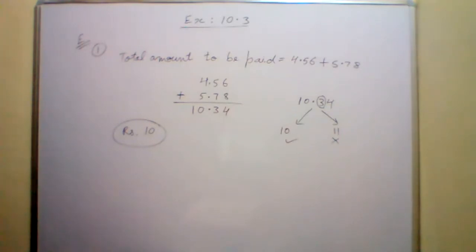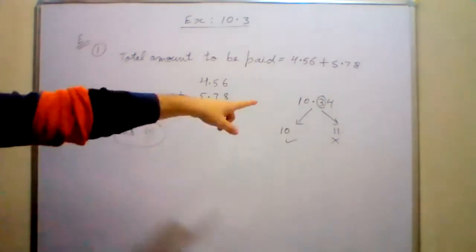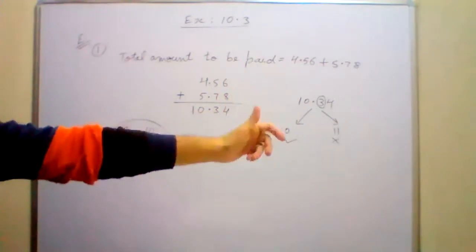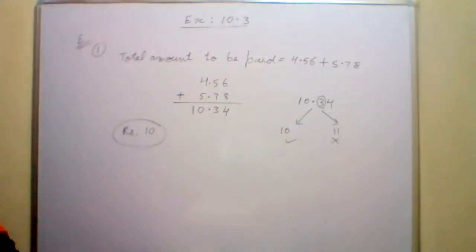Sir, we have to do it for nearest 1000? No. Like you did in the last question, here also you have to remove the decimal part. In the previous question you removed the whole decimal part. Same thing you have to do here also. Remove the decimal part.